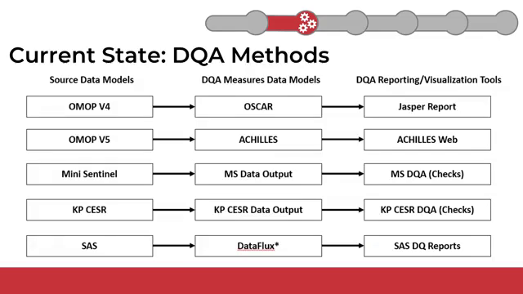We take a slight detour to highlight the unfortunate limitation of the current state of affairs in data quality assessment tools. Currently, tools are tightly tied to the underlying source data model and to one-off methods for storing data quality results. The rules, reporting, and visualization tools that operate on these intermediate outputs are also tied to those data structures and therefore cannot be used by other groups who are using other data models.